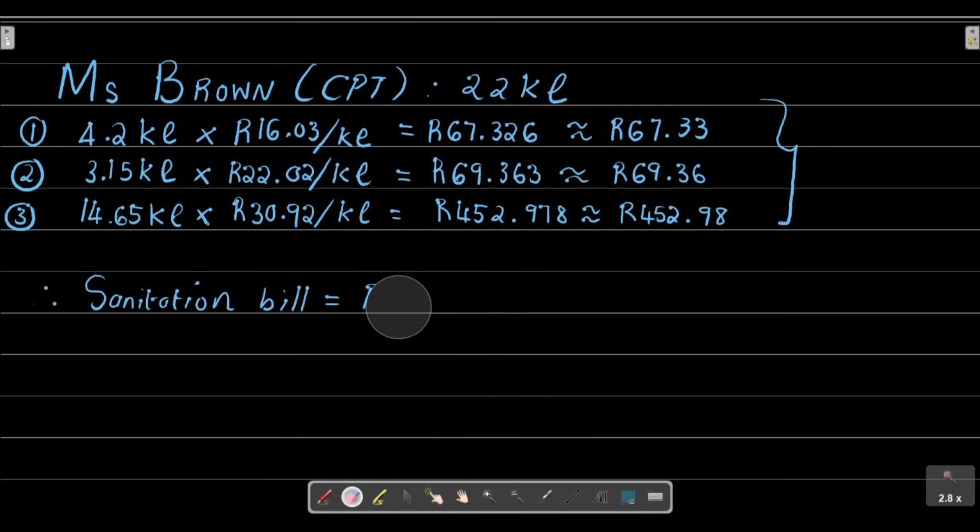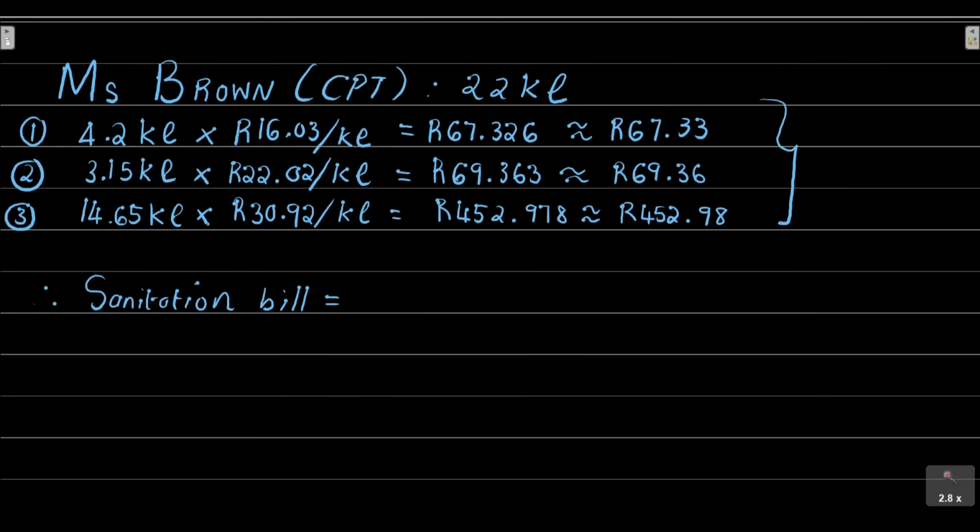Just to ensure that we maintain accuracy, I'm going to use the values that haven't been rounded off, because we've got all bits and pieces. Remember when I spoke about bits and pieces, it's essential that we round off only the final amount so that you don't make any mistakes. So I'm going to keep these values unrounded to help me in my calculation, and then round off the final amount.